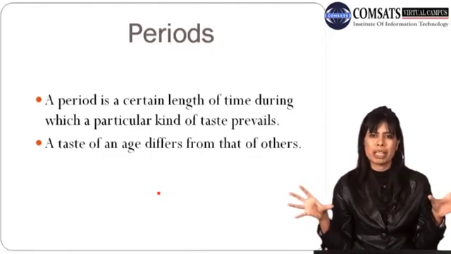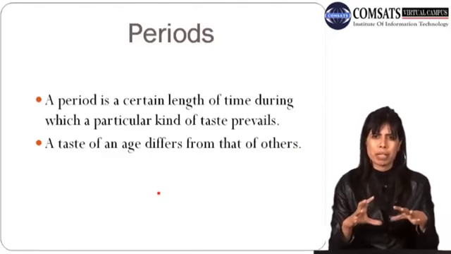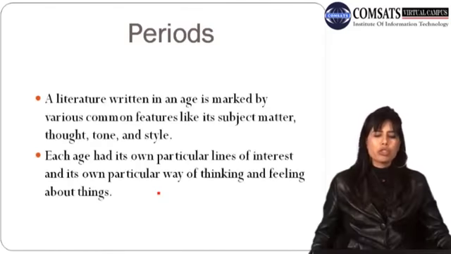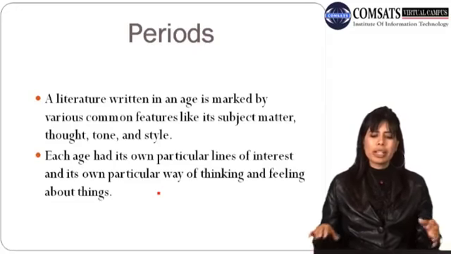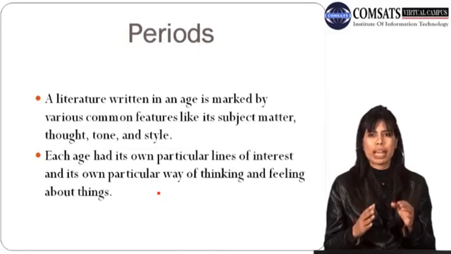So all the people, for example, when they live in a particular society, definitely they face the same kind of problems and they usually have the same taste as well. So my dear students, literature written in an age is marked by various common features like its subject matter, thought, tone and style.